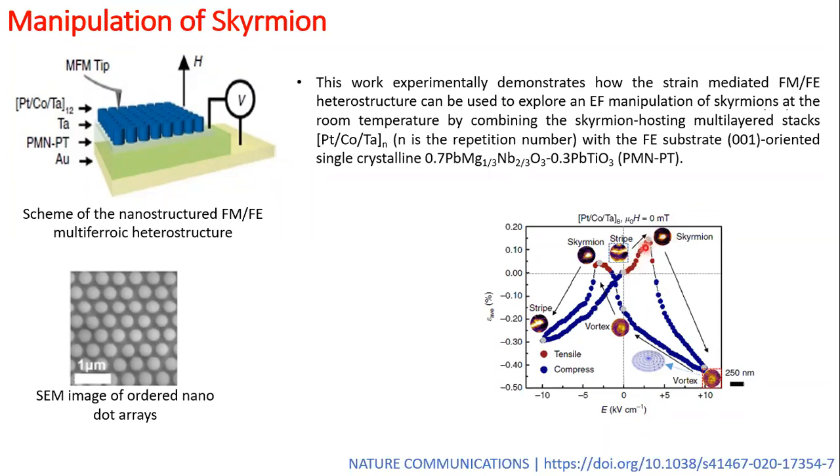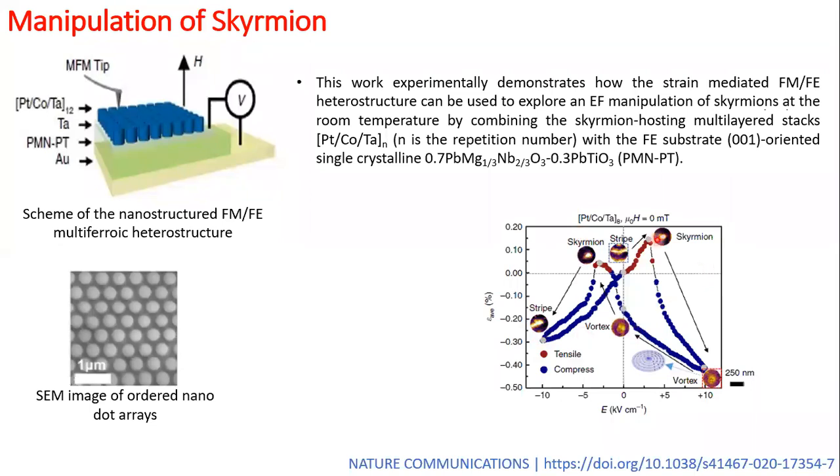This is the tensile strain, the skyrmionic texture. Now, when we again apply a 10 kilovolt pulse, the skyrmionic texture will go to the vortex texture. Now, when you apply a zero field, the vortex will be retained, and at -4 kilovolt pulse, the vortex will go to the skyrmionic state and stripe state.